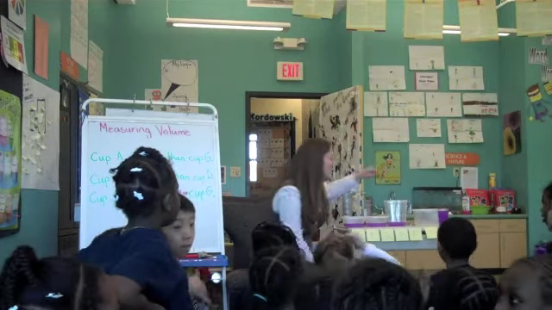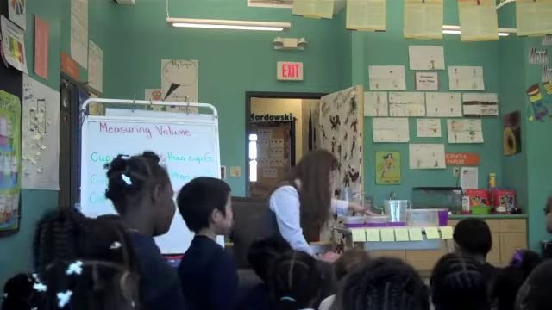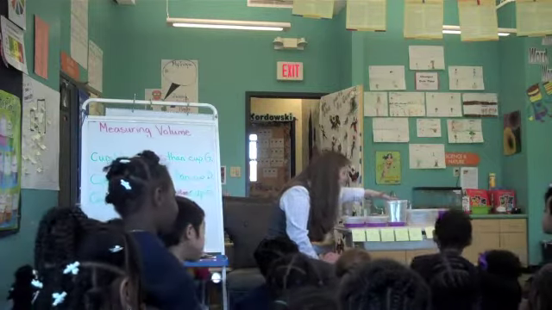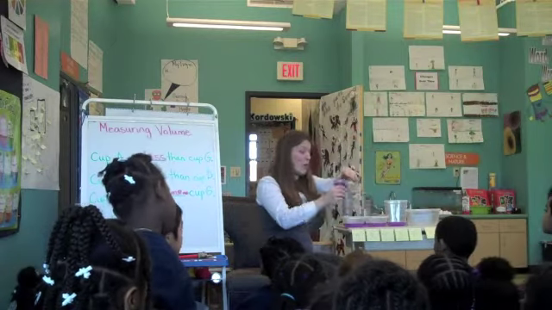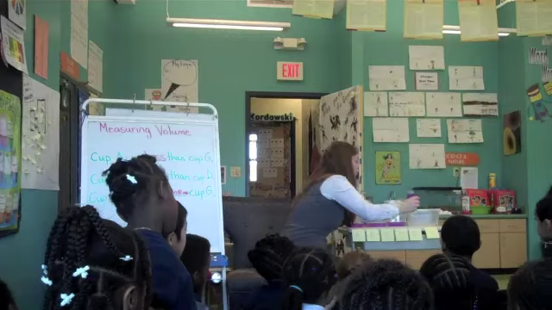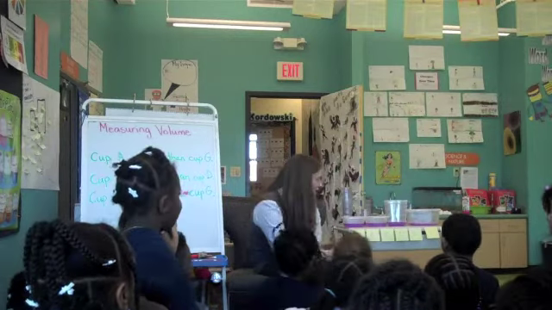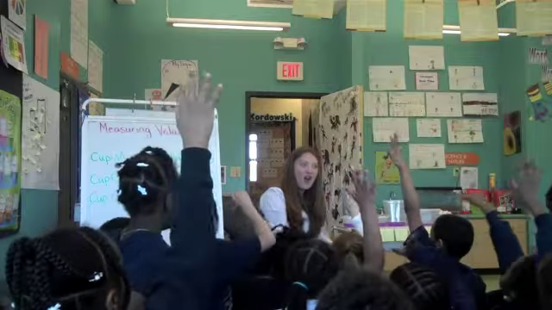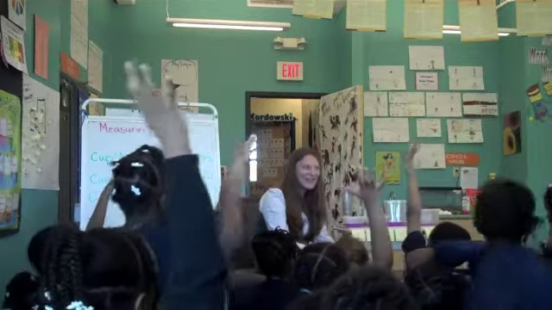Whoa. Okay. If this has 1 cup, this has 1 cup, this has 1 cup. If I put this into it, this is 1 cup, right? If I put this in, that one doesn't look the same. But they all have the same amount. Why doesn't it look the same?